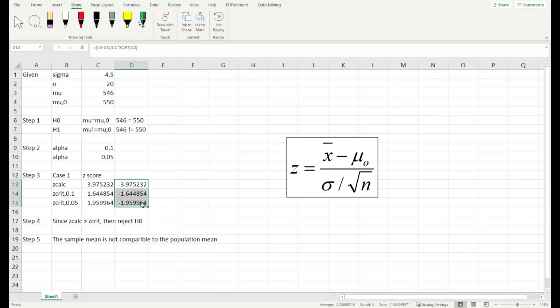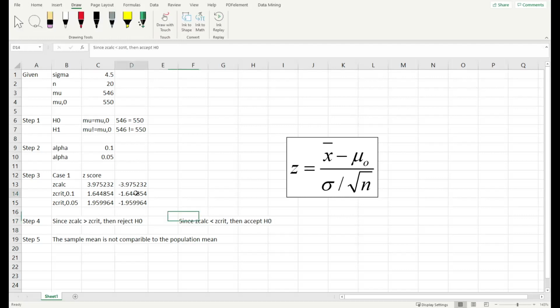So notice that this can be confusing, in this step 4 part, because if I follow this, it seems zcalc is less than zcrit. You will be tempted to say zcalc is less than zcrit, then I accept H naught.